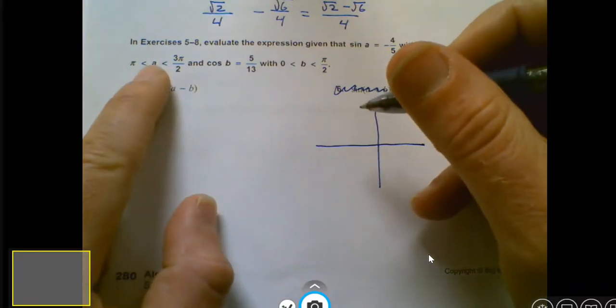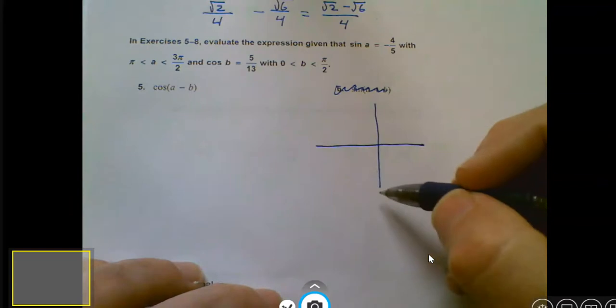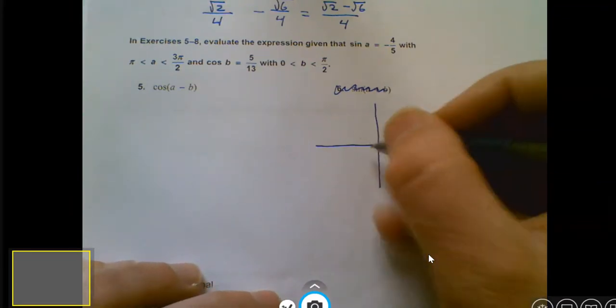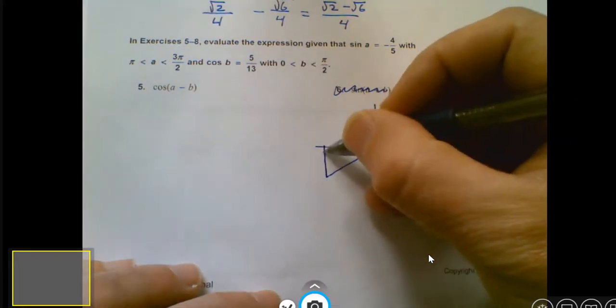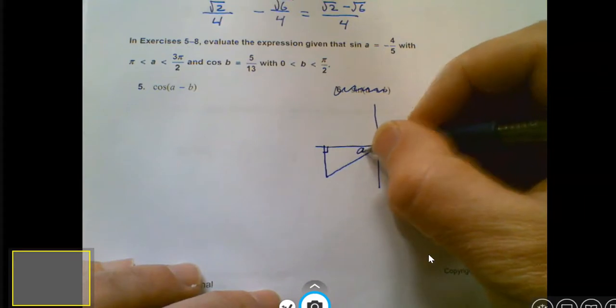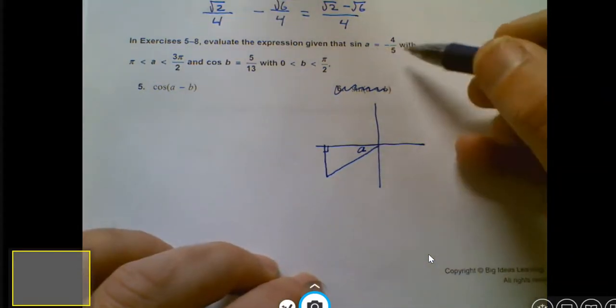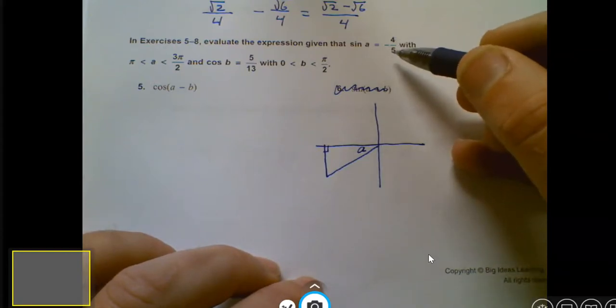So if I had angle A, they're telling me right here it is between pi and 3 pi over 2. So remember, this is pi, this is 3 pi over 2. So they're essentially just telling me that I'm in quadrant 3. So that's where I'm going to draw my triangle. I always connect it to the x-axis. We're calling this angle A. That's our reference angle. And for A, the sine value is negative 4/5. So remember, sine does opposite over hypotenuse.